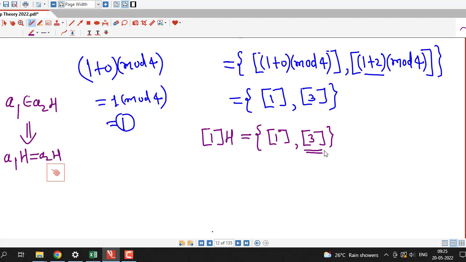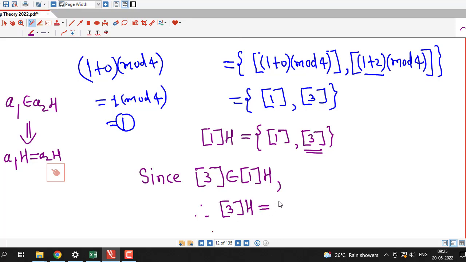Now you can observe that this element 3 is a member of this left coset. So using this property, we can write that the left coset corresponding to 3 will be equal to the left coset corresponding to 1, and this we have obtained. It has two elements, the equivalence classes generated by 1 and 3.